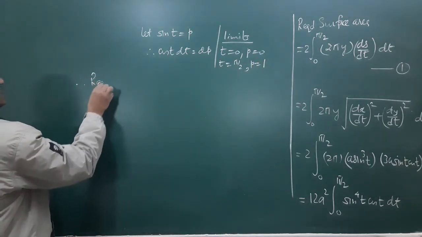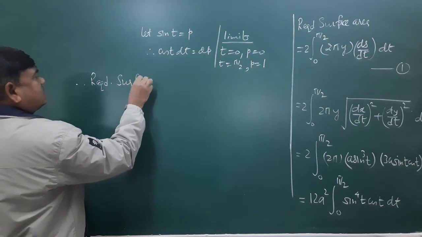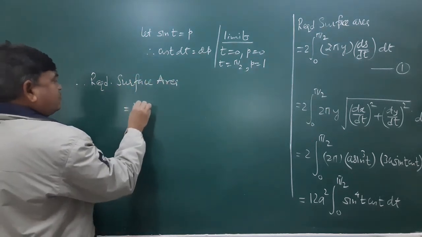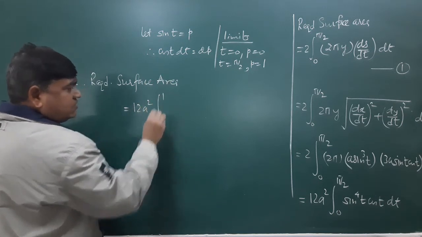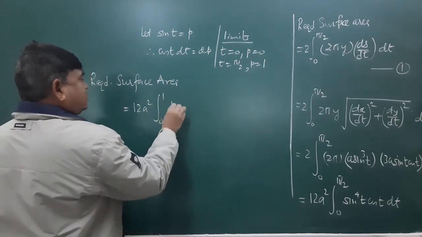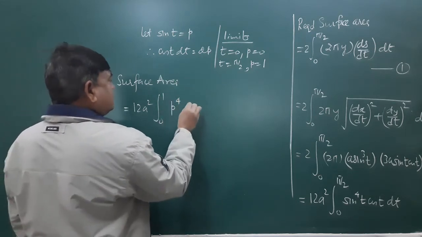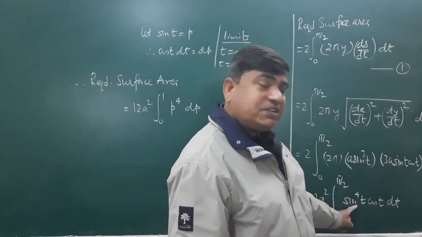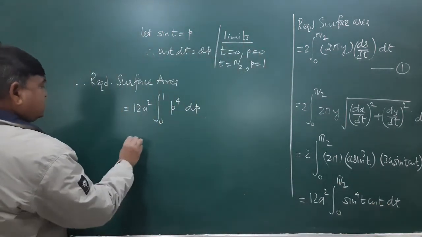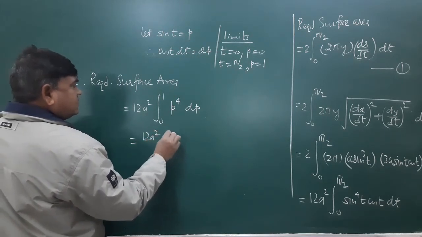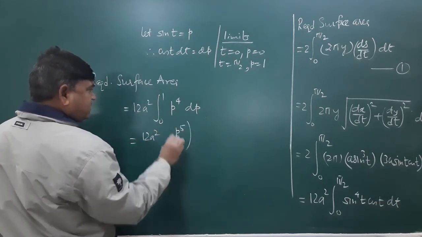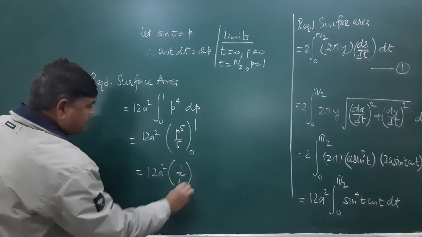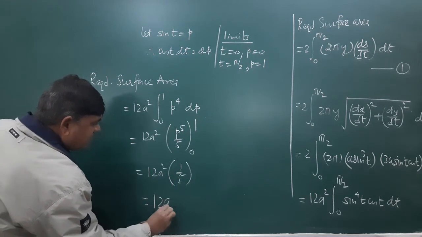Therefore required surface area is 12 pi a square integral 0 to 1 p to the power 4 dp. Okay, sin t is assumed as p. Now this is 12 pi a square, integration is p to the power 5 upon 5, limit 0 to 1. So this becomes 12 pi a square into 1 upon 5. So it is 12 pi a square by 5.